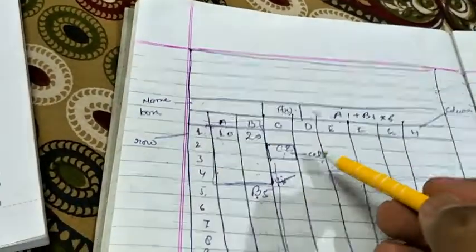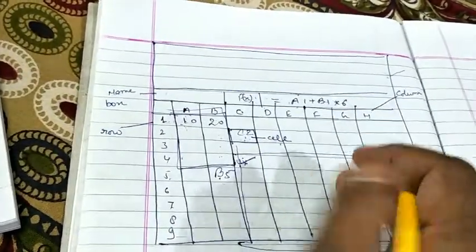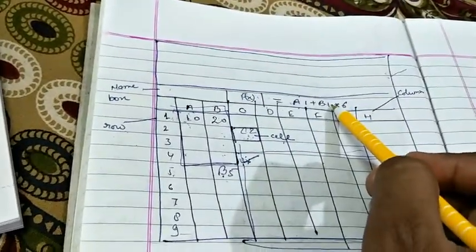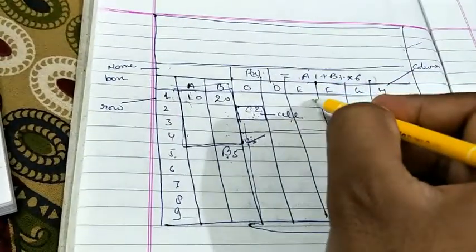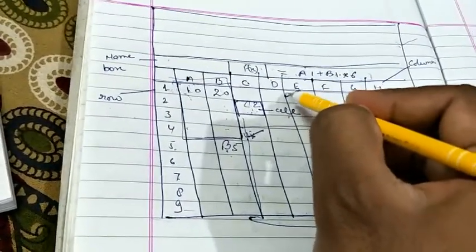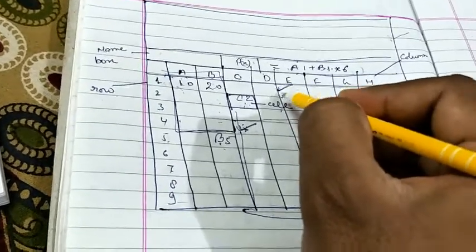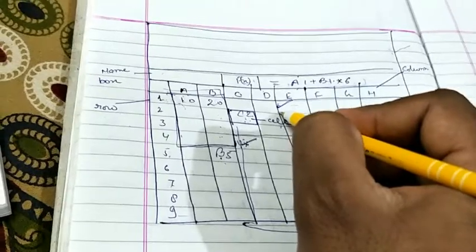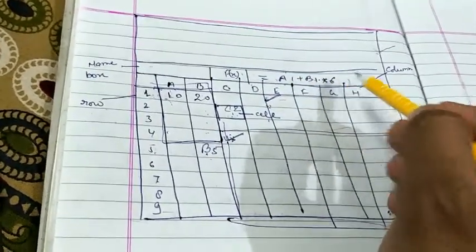So this result will be displayed where you want to show it in the MS Excel sheet with the help of this formula. Suppose you want to show this result in this box, then first you will select this cell, and after that you will write the formula in the FX bar and press the Enter key.